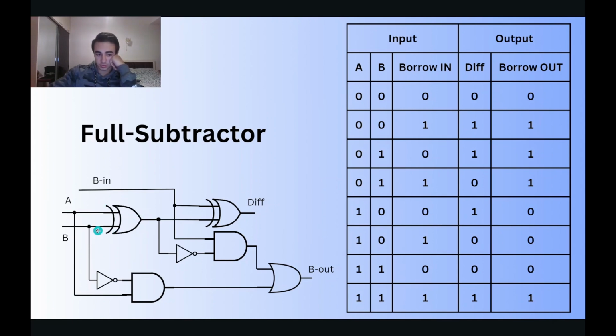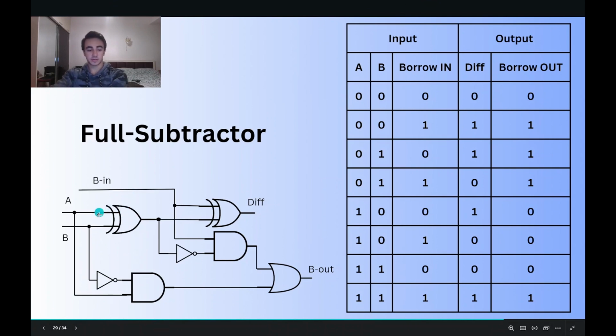We remember that this wire is connected to A, and this one is connected to B. So A is 0, negated we get 1, and B is 1, so the AND gate outputs 1. This represents the borrow that we should get from this operation only.